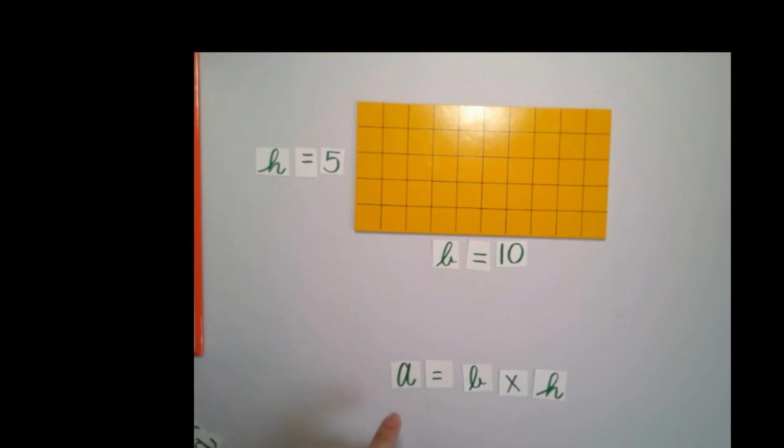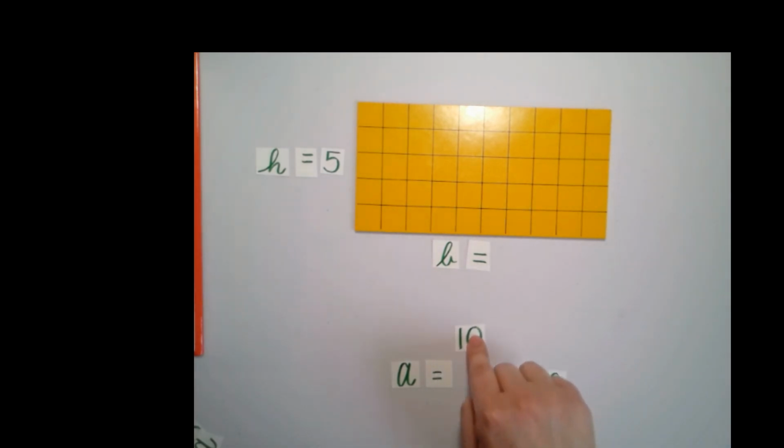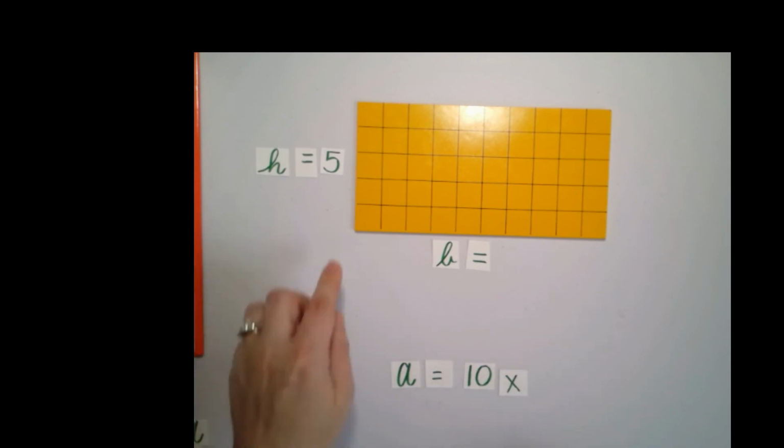So we have our formula, area equals base times height. So all we have to do is we replace the b in our problem with the value for b, which is 10. So area equals 10 times the height. And now we'll replace the h for height with the value of it, which is 5.